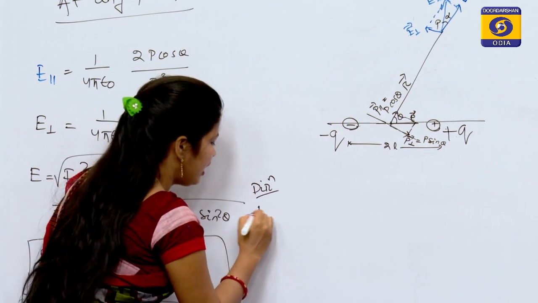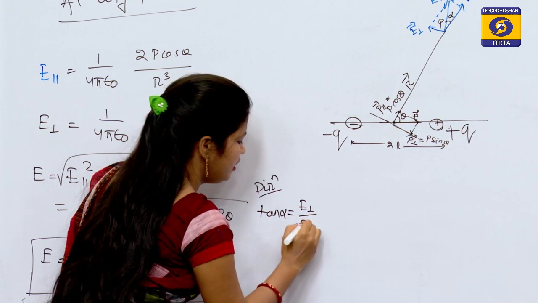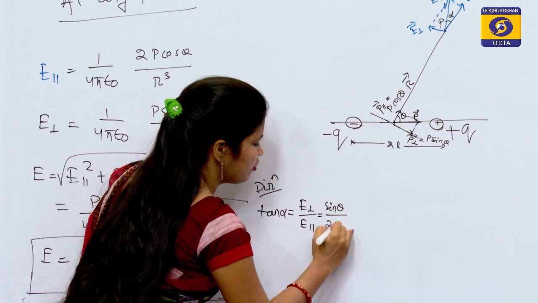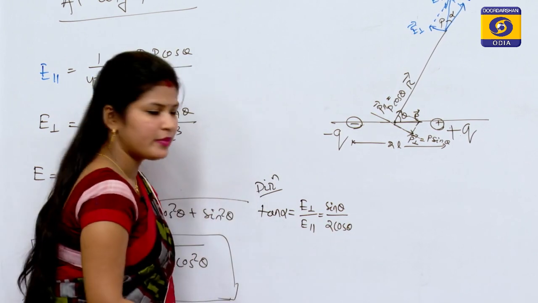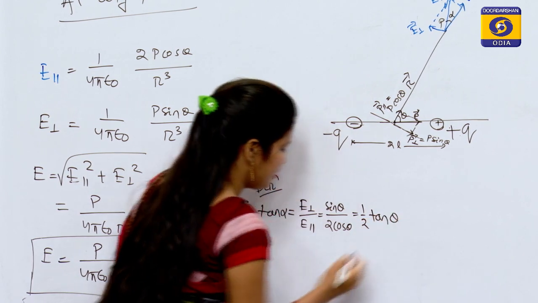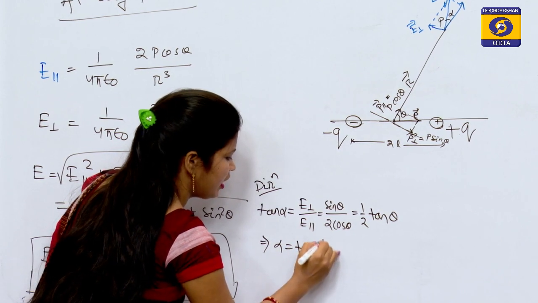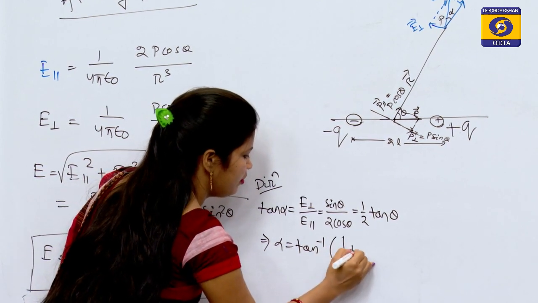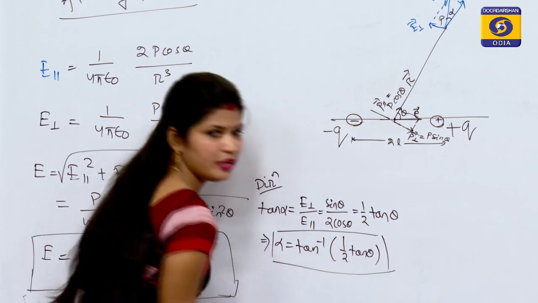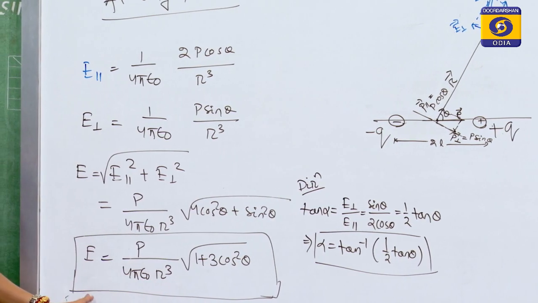So, tan alpha is equal to E perpendicular upon E parallel, that is sin theta upon 2 cos theta, that is half tan theta. So, alpha is equal to tan inverse of half tan theta. This is the general formula of electric field intensity.